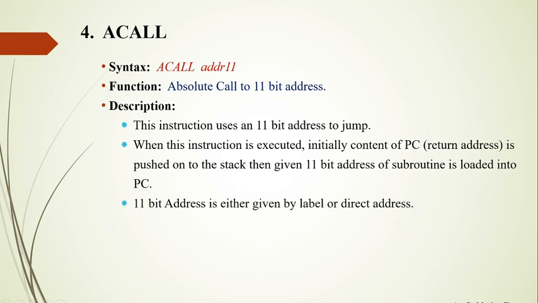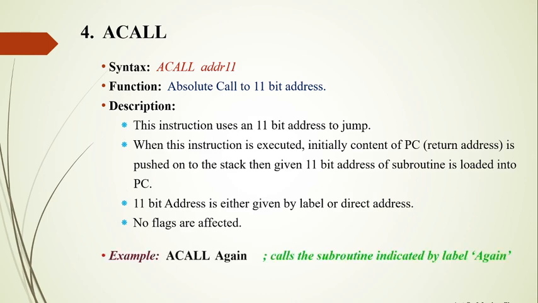This 11-bit address is either given by a label or a direct address. No flags are affected during the execution of this instruction. Example, ACALL again. Whatever subroutine or program is written at this location or label will be called by this instruction.